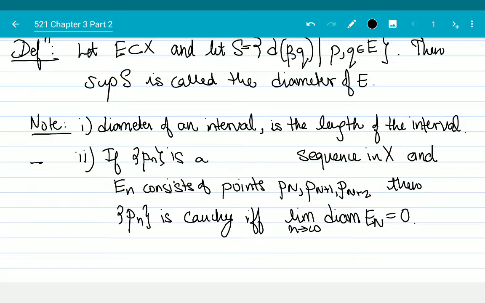So there should be some point after which the diameters are less than epsilon. So any 2 points in that set should be within epsilon distance of each other. Okay.